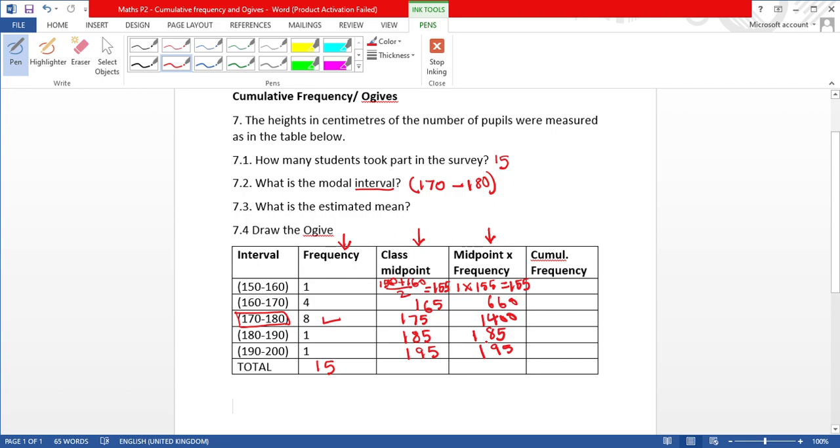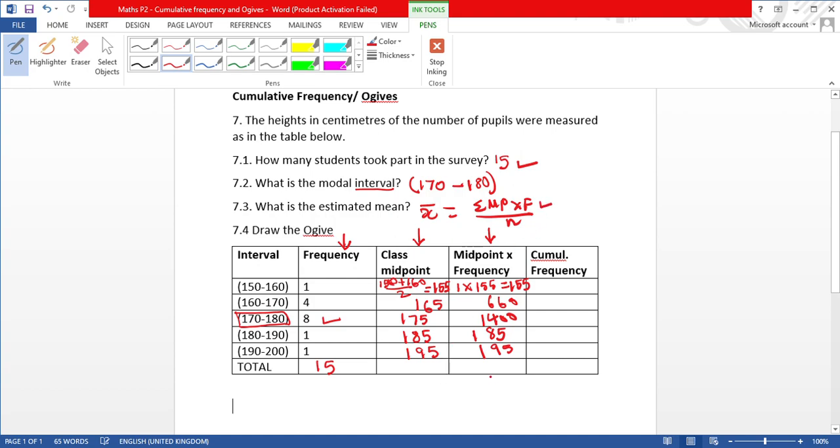So let's get the sum of midpoint multiplied by frequency, because you have to remember that the mean is equal to the sum of midpoint multiplied by frequency divided by the sample size. We've already worked out the sample size under question 1, which is the number of students. Okay, so now we're working out the midpoint times frequency.